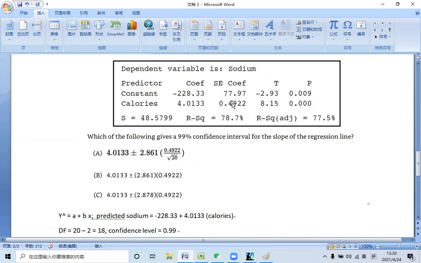Standard error of the coefficient. So here's the standard error of the coefficient. This one. So you would be looking at this one. Then found it.